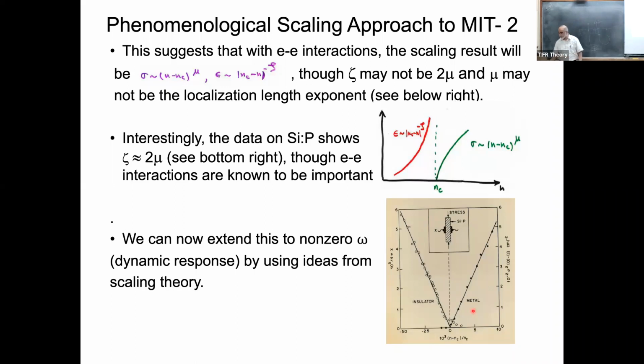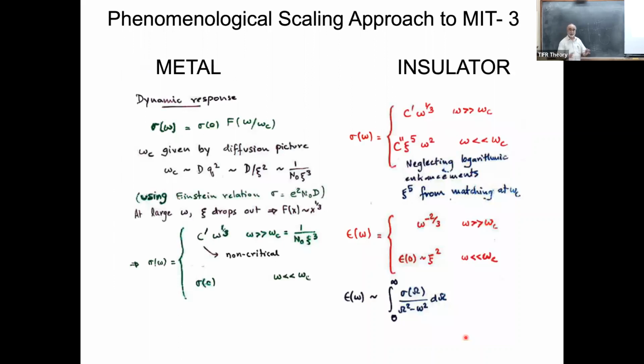What you find is if you plot 1 over the dielectric constant, which should go linearly down to 0 at the critical point, and you plot the square of the conductivity, which also should go linearly down if the exponent is a half, then they do go linearly and they go to 0 at the same point. There's some amount of rounding very close by, but other than that, for most of it, the data is consistent with that.